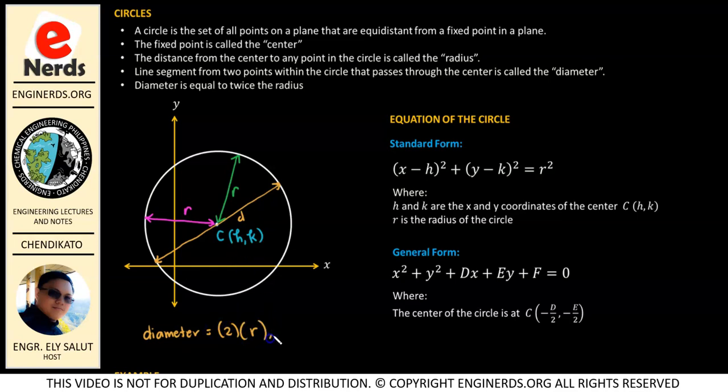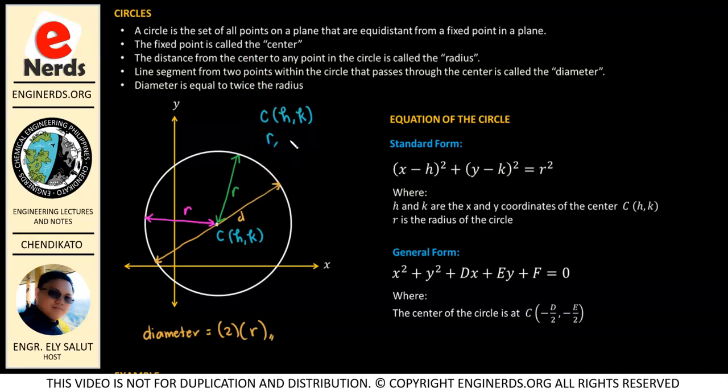Dapat nating matandaan yan, as written dito sa last part ng ating bullet points. The diameter is equal to twice the radius. Basically, ang kailangan nating matandaan dito sa circle is that we have a center of the circle which is having coordinates H and K. We have the radius, which is the distance between the center and any point of the circle.